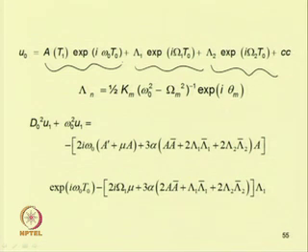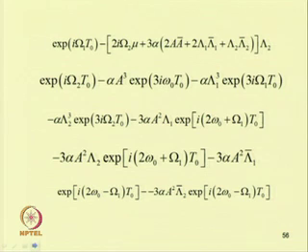By substituting this u 0 in the equation of u 1 and eliminating the secular terms, one can get different resonance conditions.